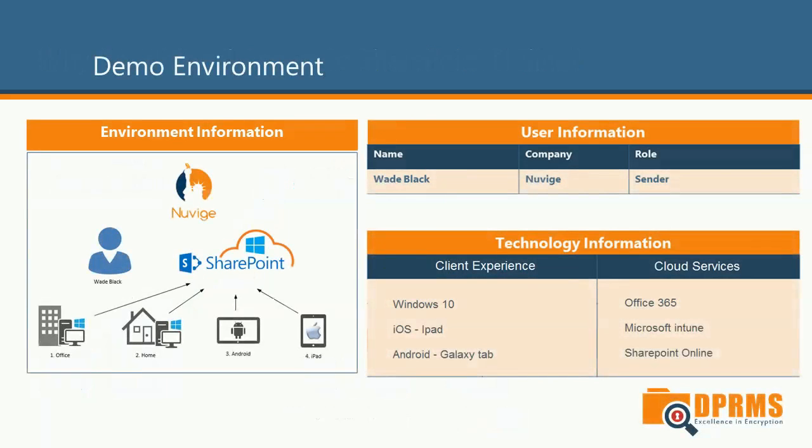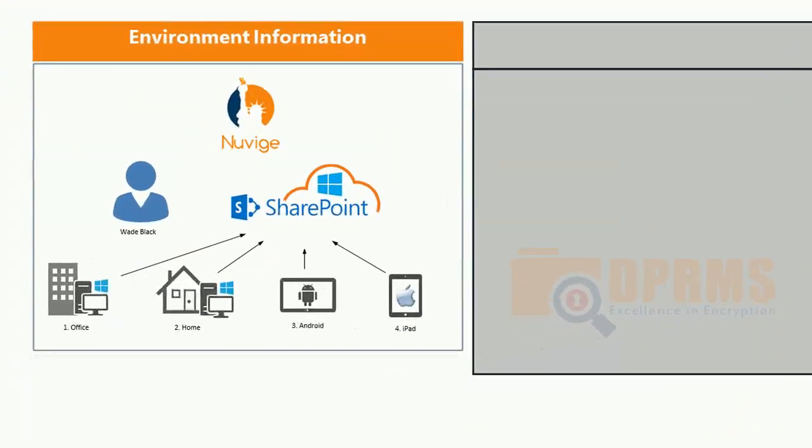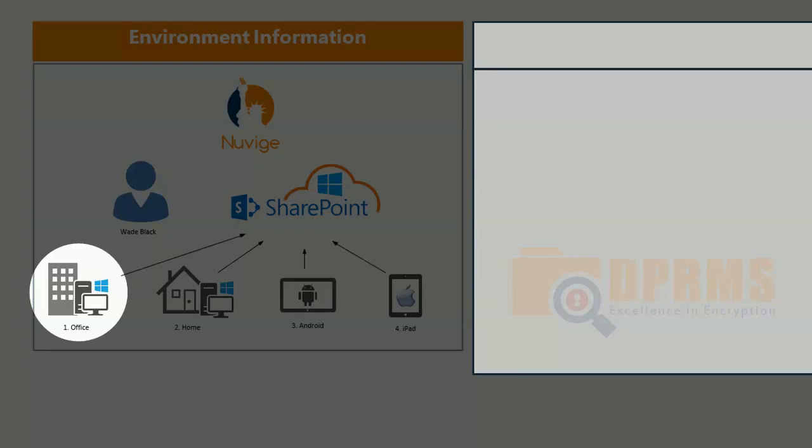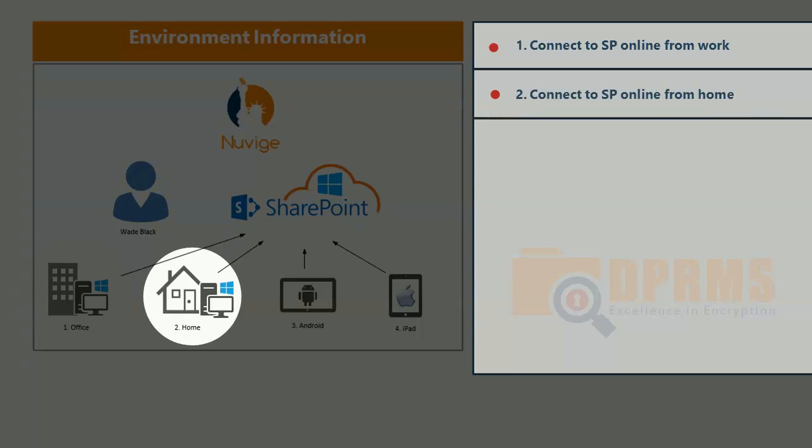So in this scenario, we have prepared a demo environment with one company, Nuvite, and one user, Wade Black. Now the way we have configured conditional access here is that when Wade Black connects to SharePoint Online through the company PC, he will be able to access the site without any restrictions. However, when he tries to access SharePoint Online from his home PC, the access will be restricted.